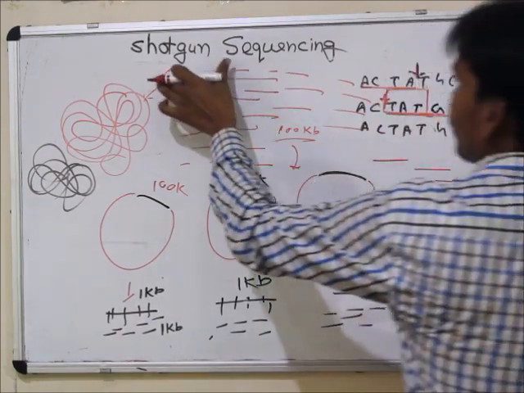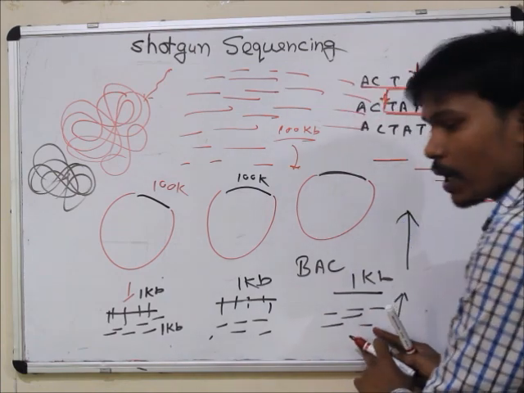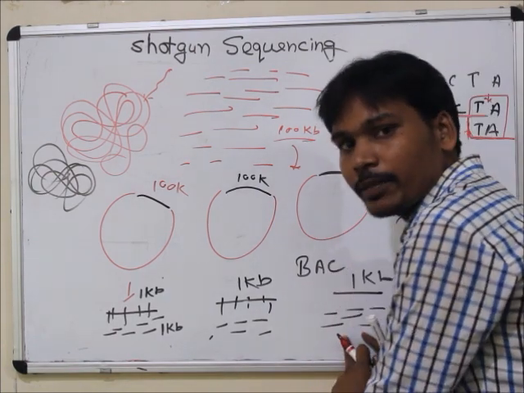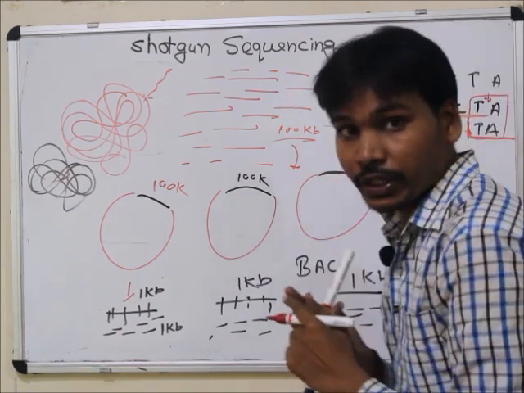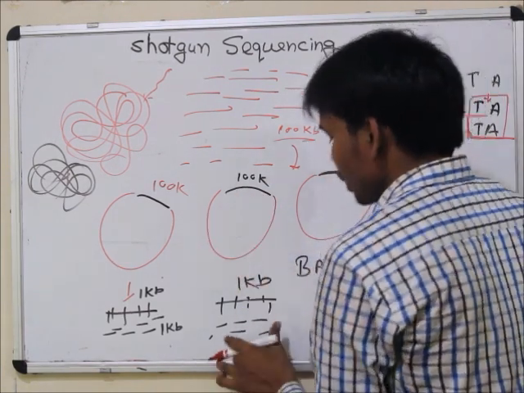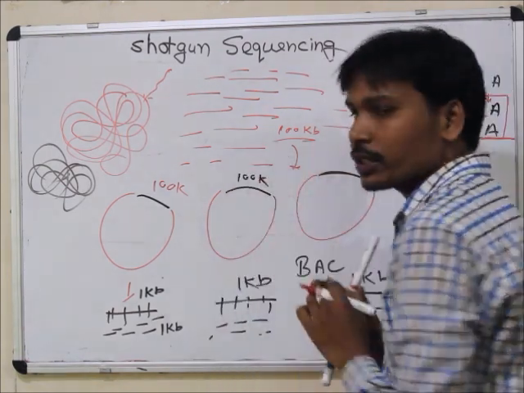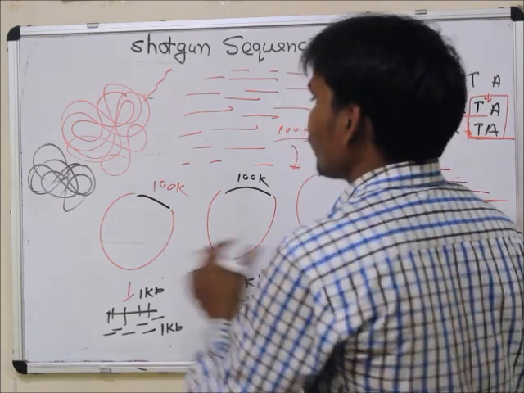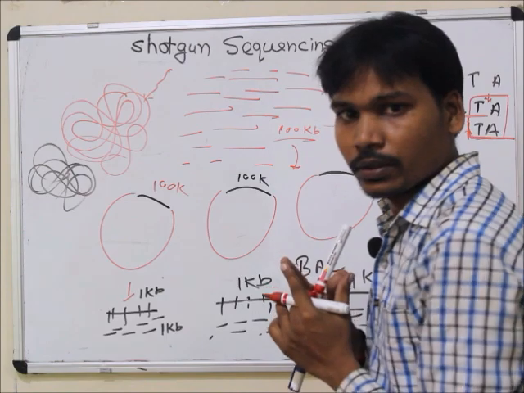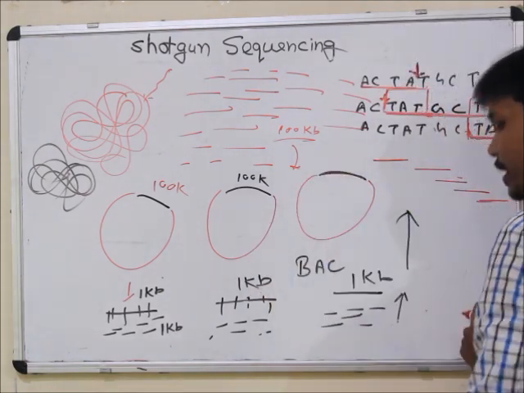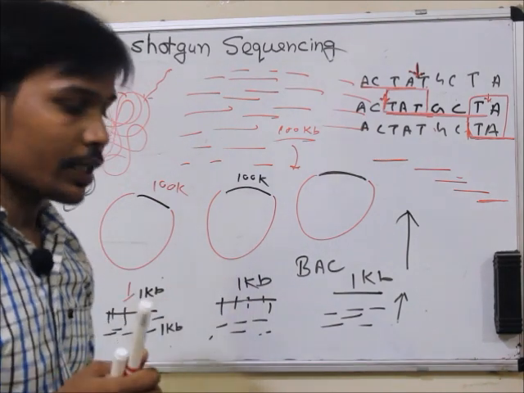So by the shotgun DNA sequencing method, smaller alignments take place to make larger fragments, larger chunks of the DNA. Smaller chunks align to larger chunks, and then even the larger ones will align to form the complete genome of any organism. So by this way, with shotgun sequencing methods we can align.